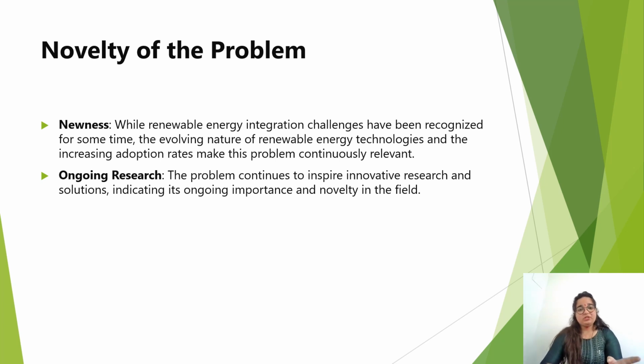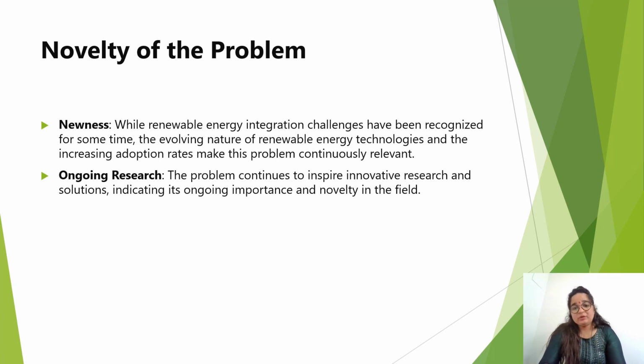The novelty of the problem is first the newness. The newness of the problem is that a lot of data is coming out in this world. We need to rectify it and make redundancy clear, and newness is required in that type of database system.